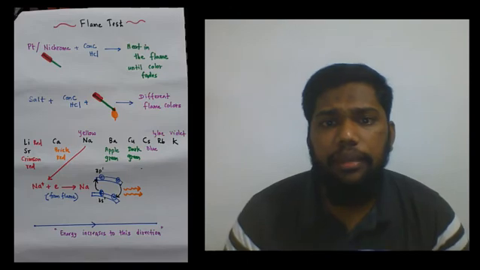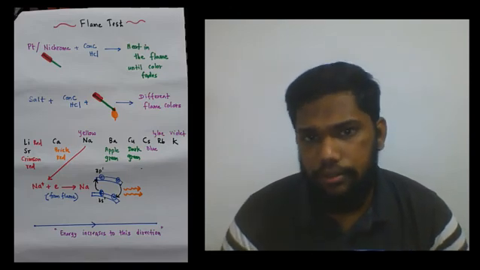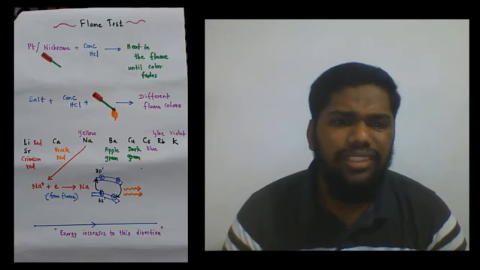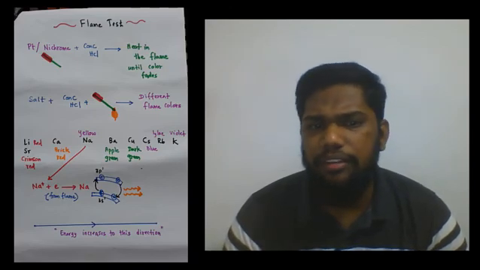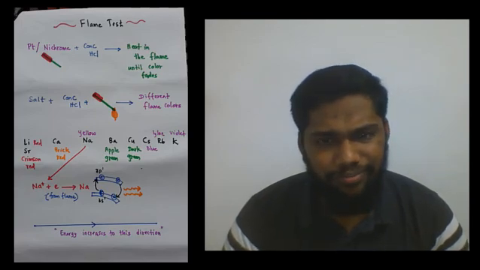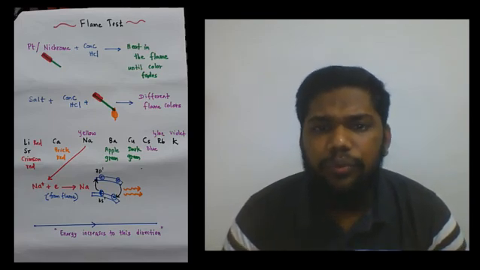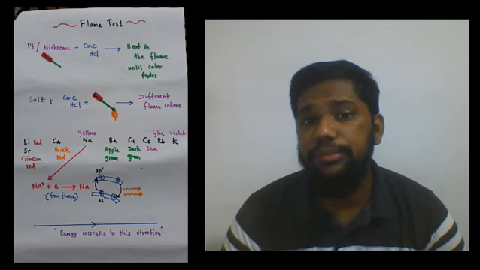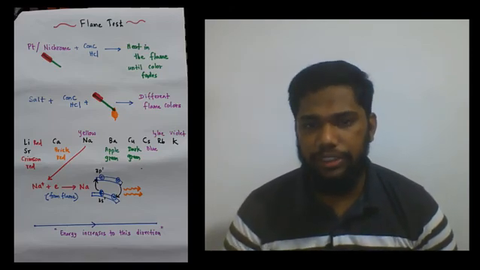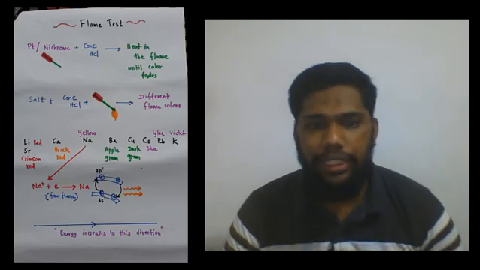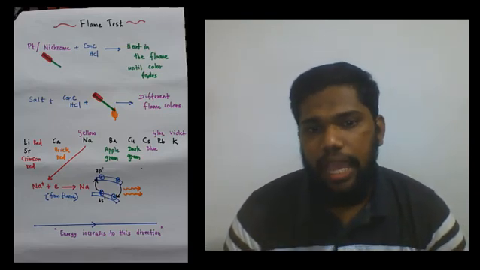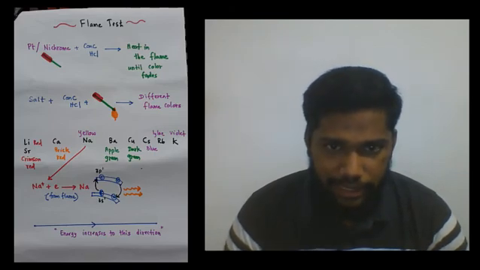Now the flame contains a lot of electrons, so it takes electrons from the flame and it will form sodium solid. Now you have sodium vapor in the flame, and with the help of thermal energy, this sodium, that is 3s1 in the ground state, will excite into its excited state, that is 3p1, a highly unstable excited state.